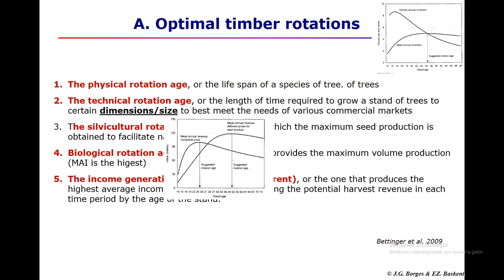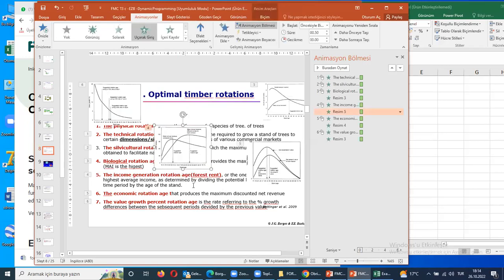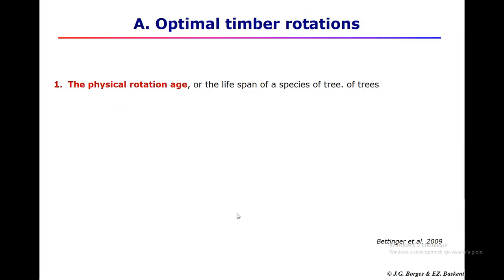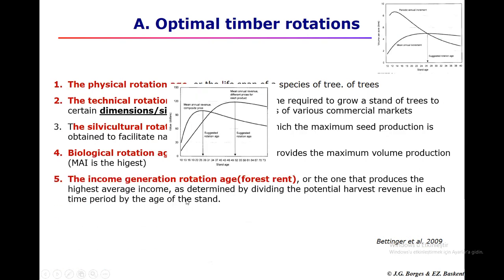So in terms of, for instance, income generating rotation period. Over here, another rotation period called forest rent is the rotation period that produces the highest average income.